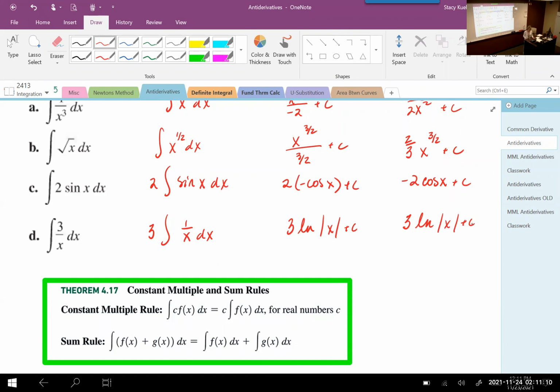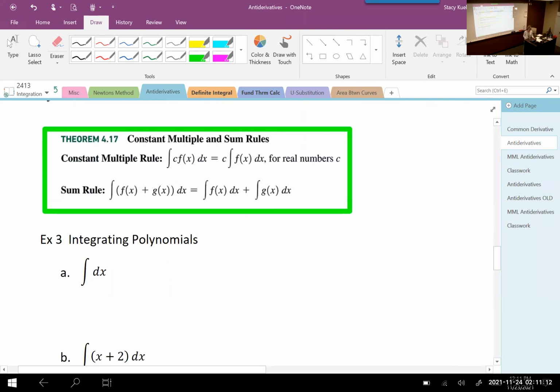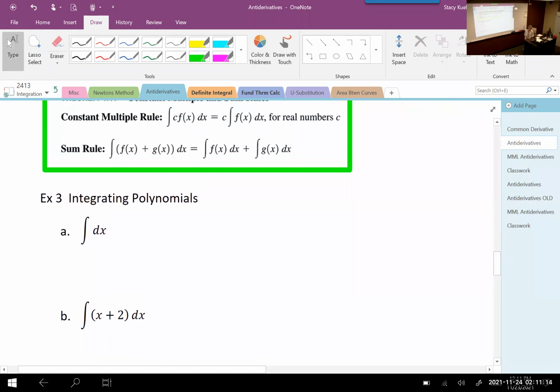Now, the next rule, below the constant multiple rule, has to do with the same idea that we can do in derivatives, where I can separate these into their individual integrals and then write them back together as a sum. This one isn't part of that, but what does this look like?